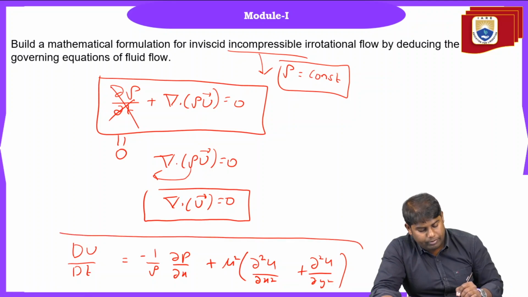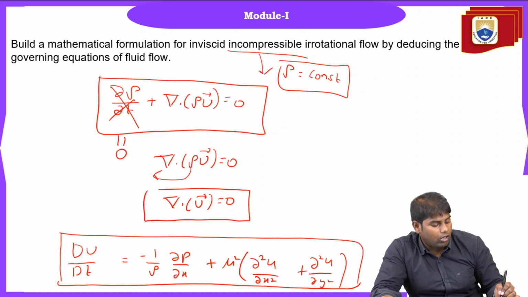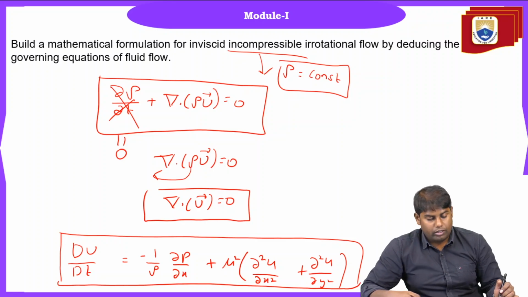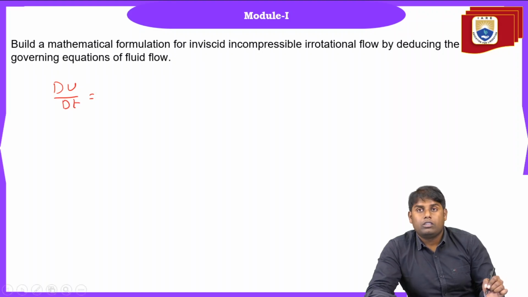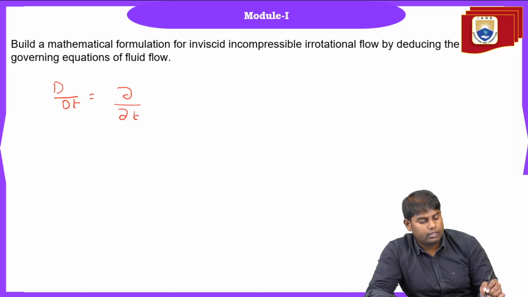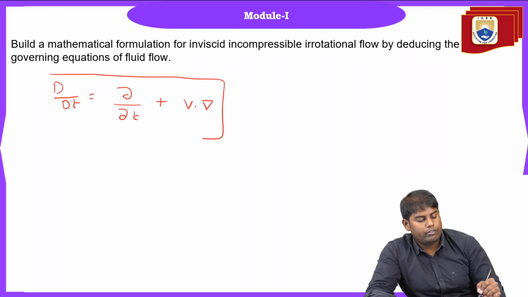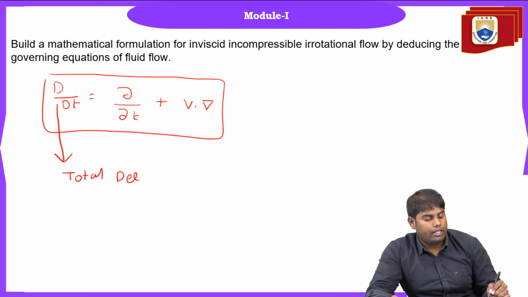The left side is called the substantial derivative, or material derivative, or total derivative. So let's see what this D by D t is. D by D t is nothing but the combination of dou by dou t plus V dot del. This is the formulation for the total derivative.